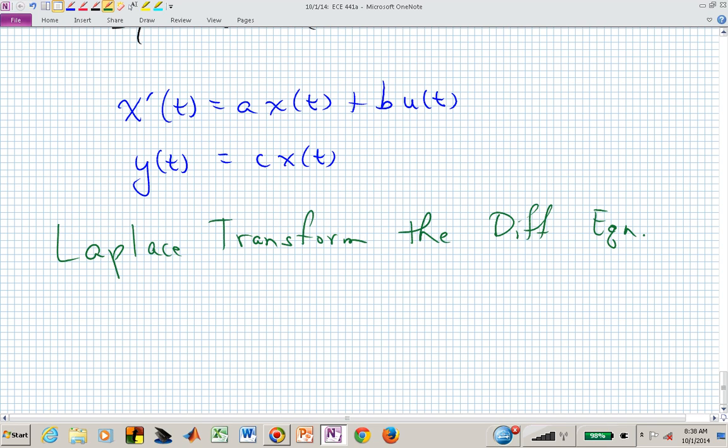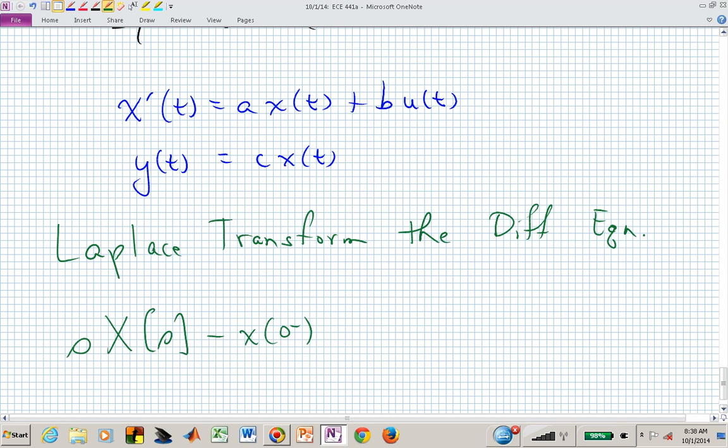Let's keep track of all the pieces. Multiplication by s, that's the easy piece, isn't it? Now I will capitalize my x. And now I have to include the initial condition, don't I? The hard part is remembering how that enters, but it's minus x at 0 minus.